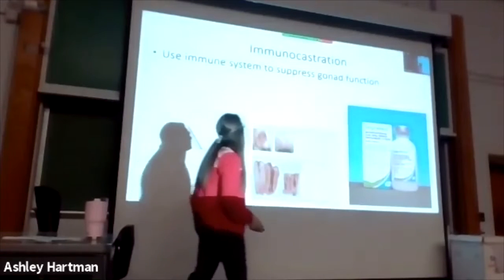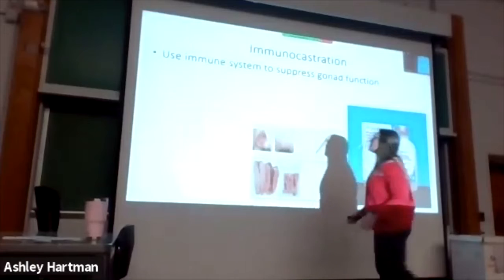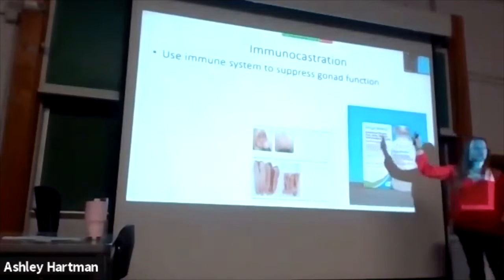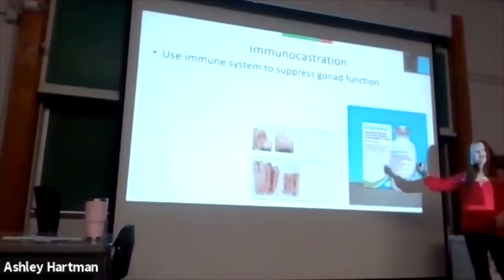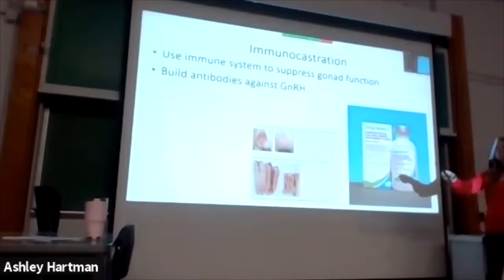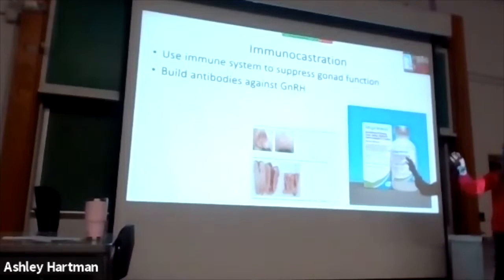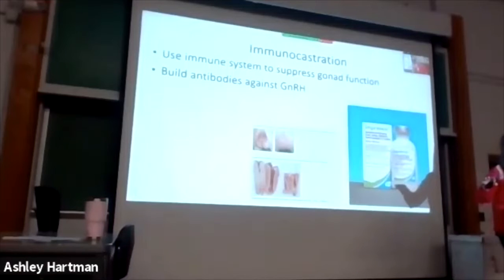The way that this works is a tool that acts on the immune system to suppress gonadal function. It builds antibodies against GnRH to shut down GnRH production and thus shut down testicular function. Because we need GnRH for LH and FSH, and we need FSH and LH in the testes for testicular function, right? So all sounds familiar?